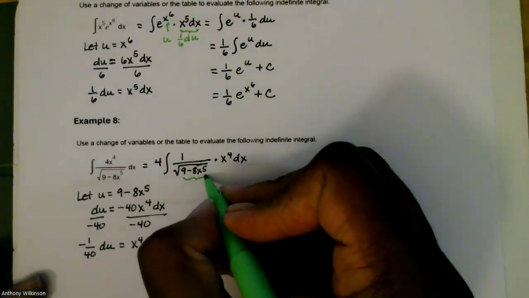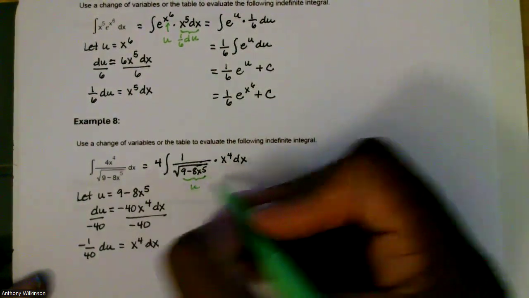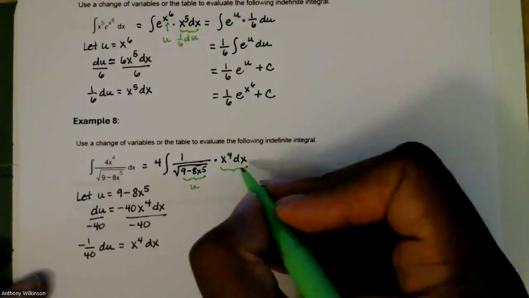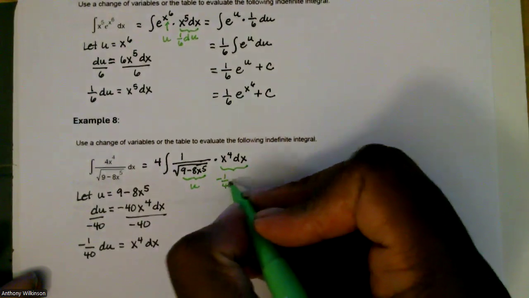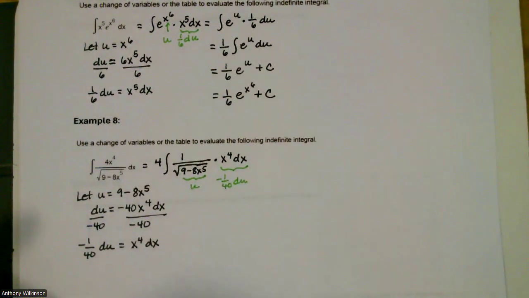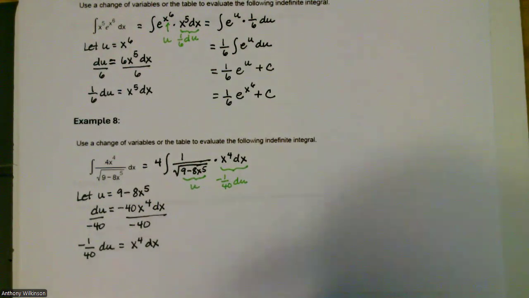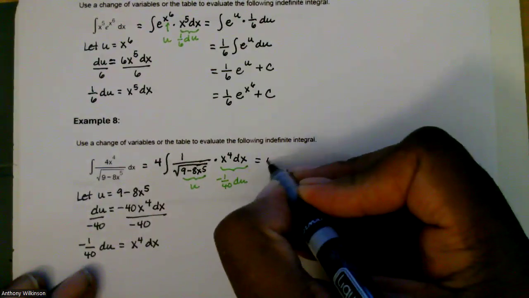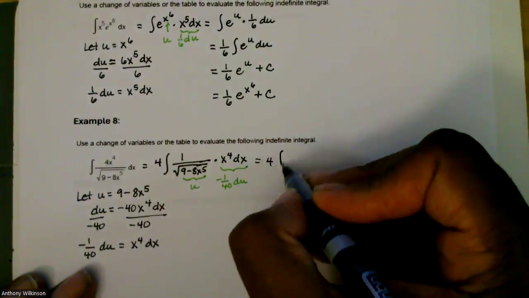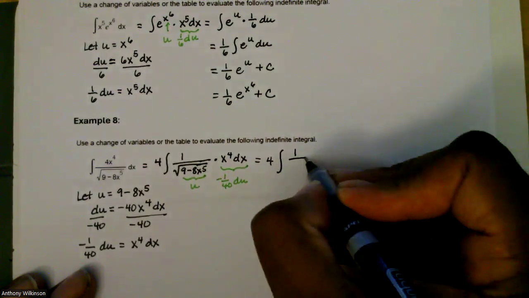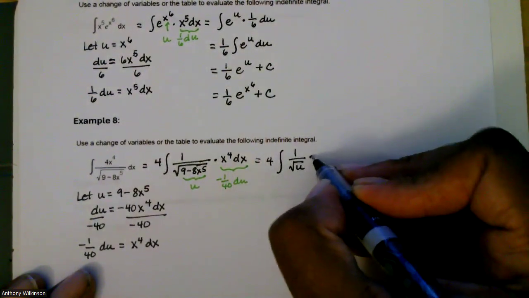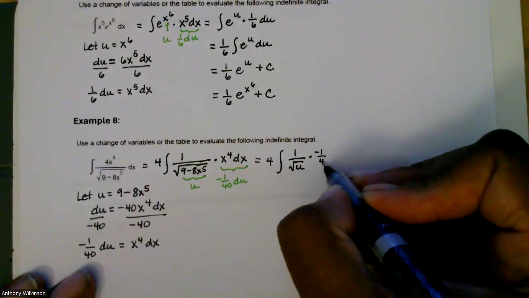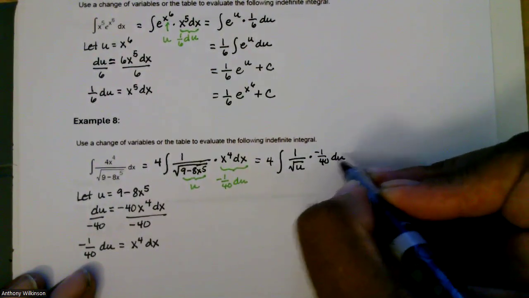Okay, so now we can do our substitution here. Then 9 minus 8x to the fifth, that would be u. And x to the fourth dx would be negative 1 over 40 du. So here's what I'm going to have: the 4 will be on the outside times the integral of 1 over the square root of u times negative 1/40th du.